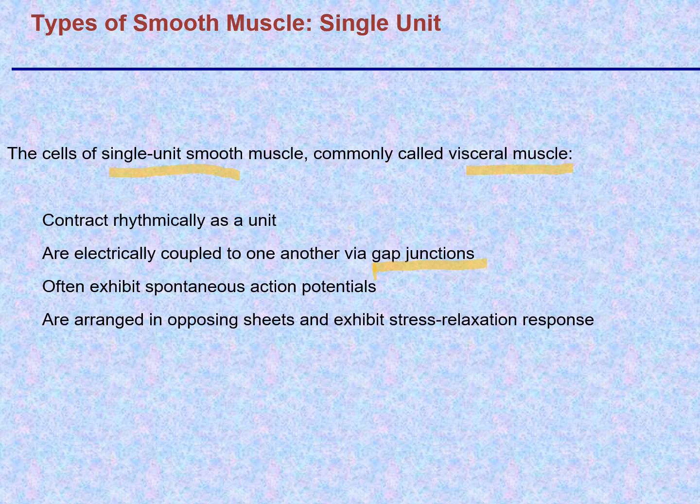You get these typically spontaneous action potentials being generated, and the whole area or region will contract in response. They typically exhibit that stress relaxation response that I talked about before.